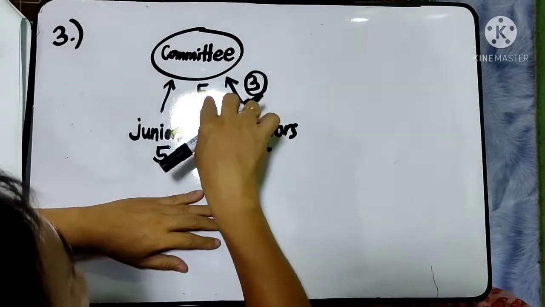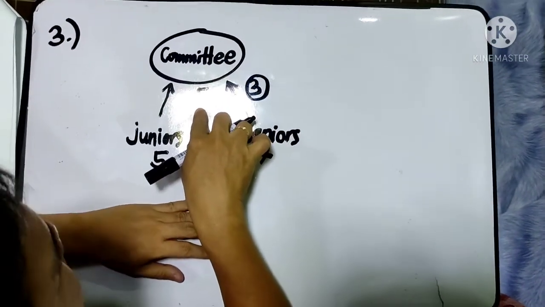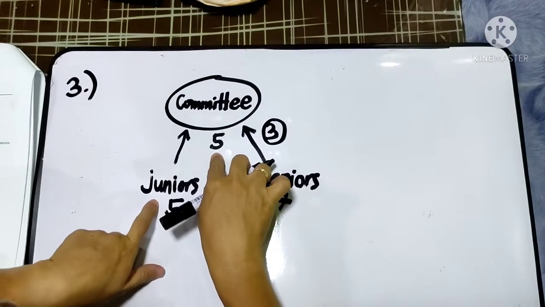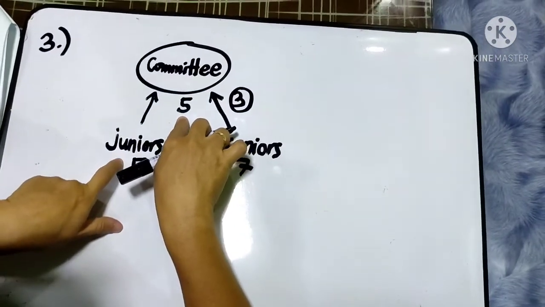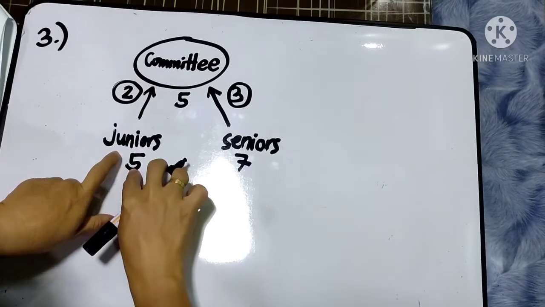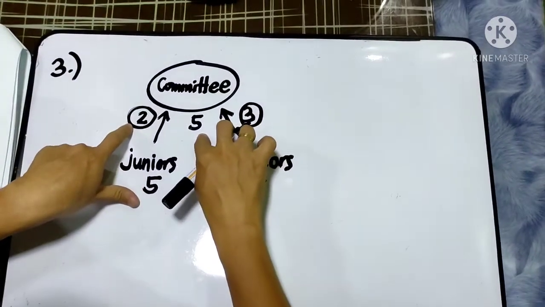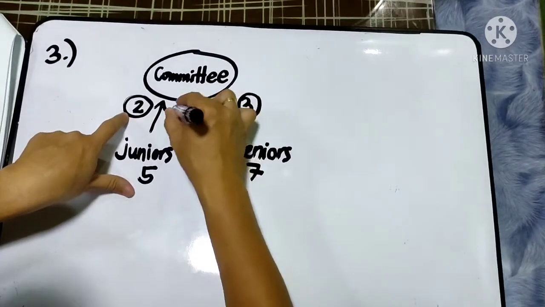So, kailangan nating bumuo ng committee of 5. So, ilan yung kukunin mo sa juniors? Ang kukunin natin sa juniors ay 2. 2 ang kukunin natin sa juniors, 3 ang kukunin natin sa seniors para magiging 5, to get 5.